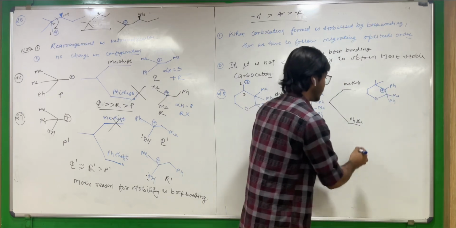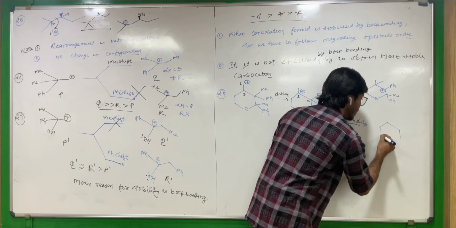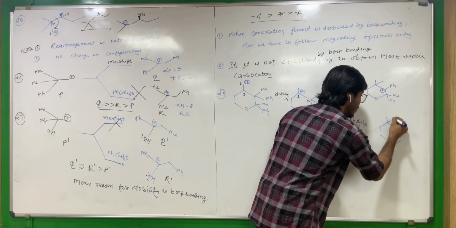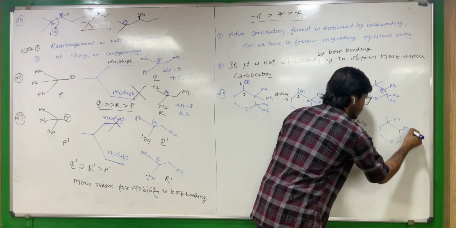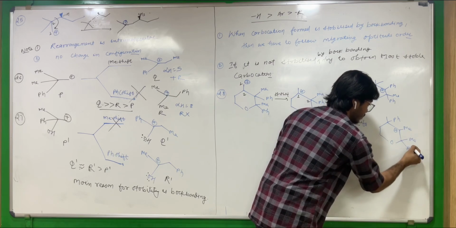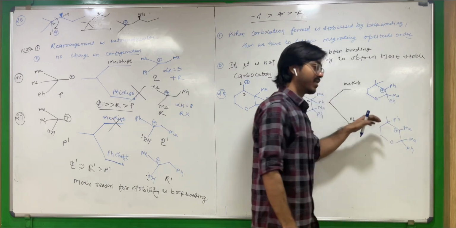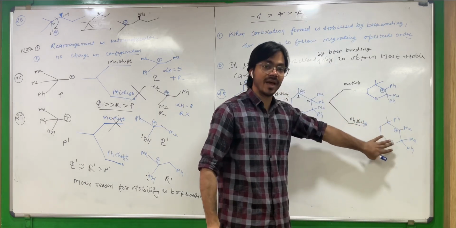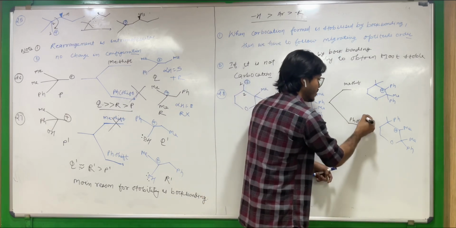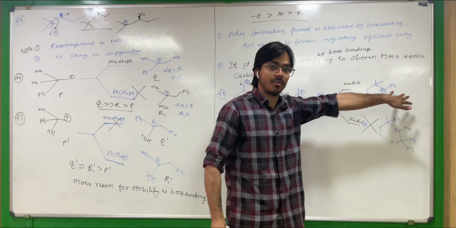Now if we do phenyl shift, the product formed will be this. Now this is resonance stabilized, and this is not stabilized by any back bonding. So this shift is wrong. We will do methyl shift only because this is the more stable carbocation.